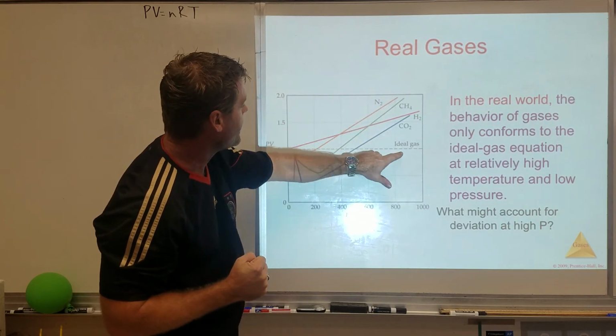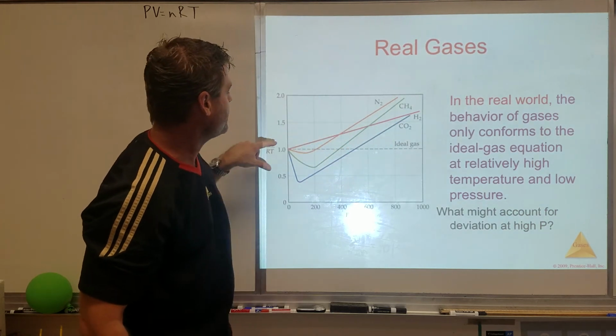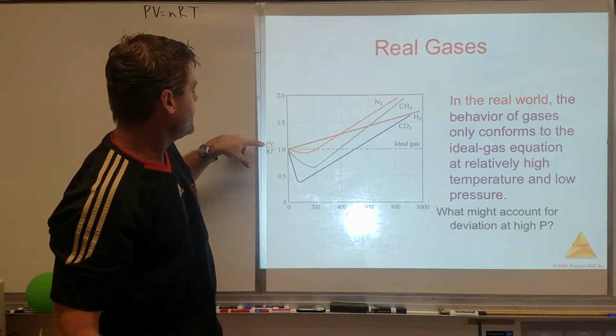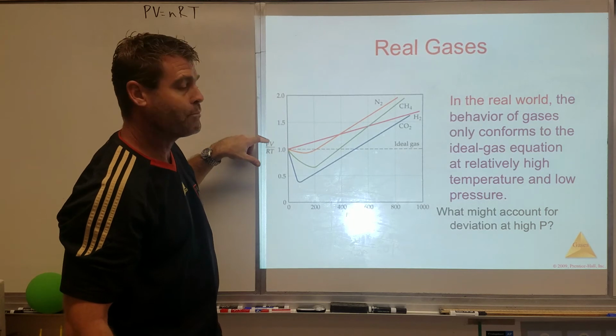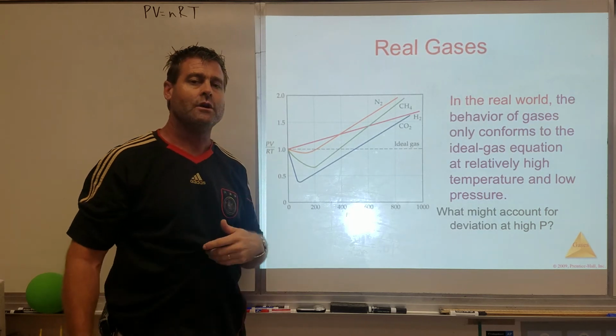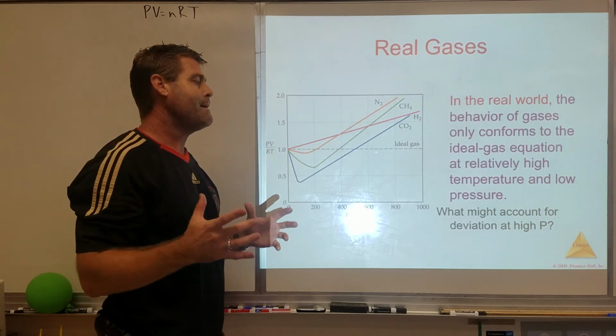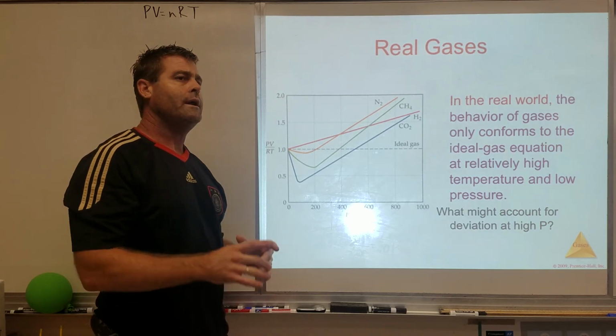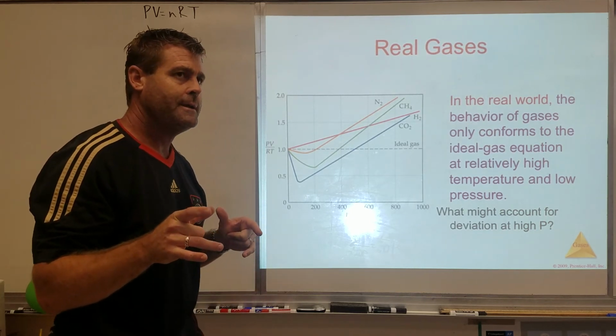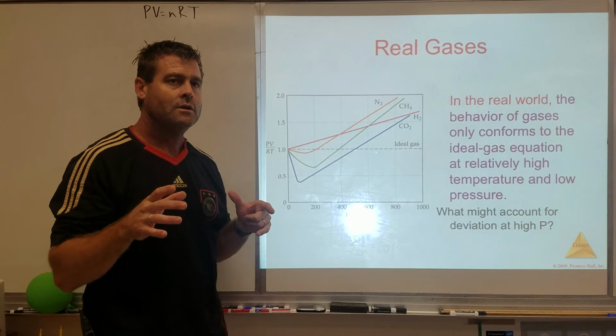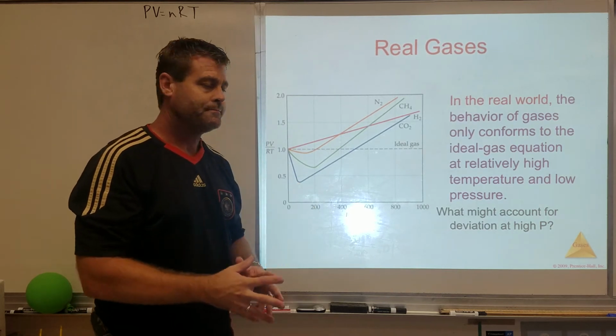You see these are way off of 1, which is what you should be able to calculate if you inputted the correct pressure, volume, and temperature. So what do you guys think? At high pressures, which one of those kinetic molecular theory tenets would not be true?